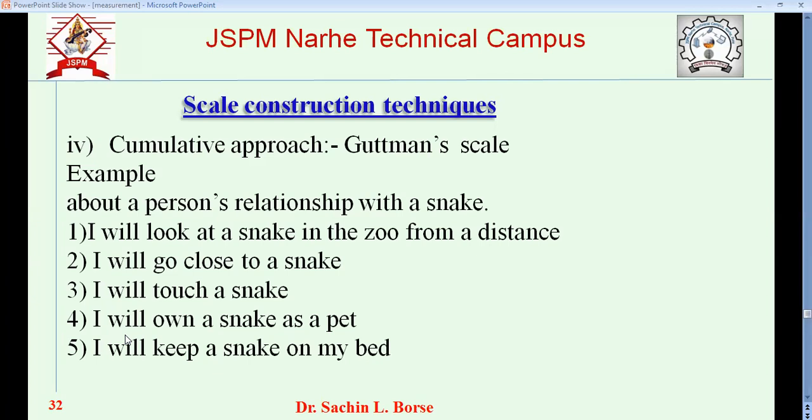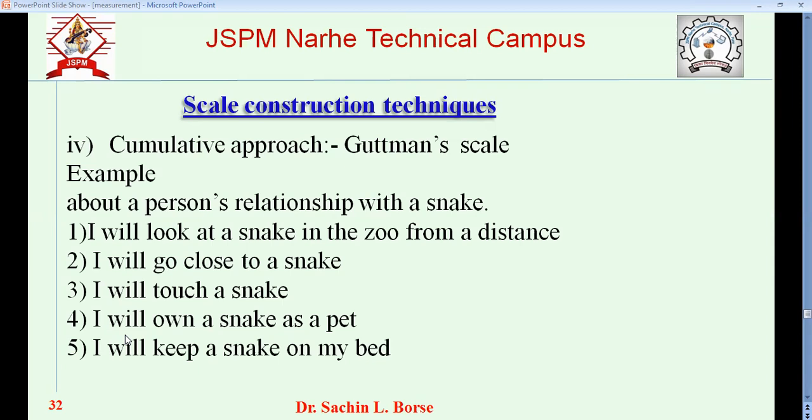Close to the snake. So before going, you will also see the snake from a far distance. So this is a very good example where when statement number 3 is correct, it means statement number 1 and statement number 2 are also correct.